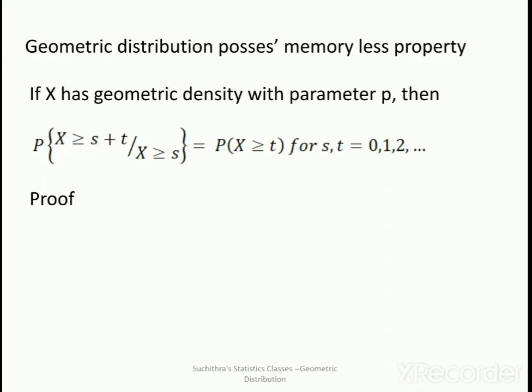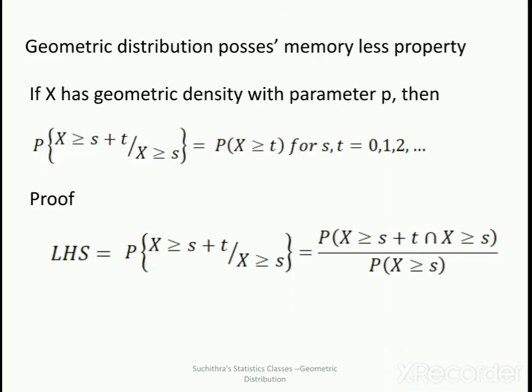Now let us prove it. Let us take the LHS. LHS is P(X ≥ s+t | X ≥ s). From the conditional probability, we can rewrite this as P(X ≥ s+t ∩ X ≥ s) divided by P(X ≥ s).